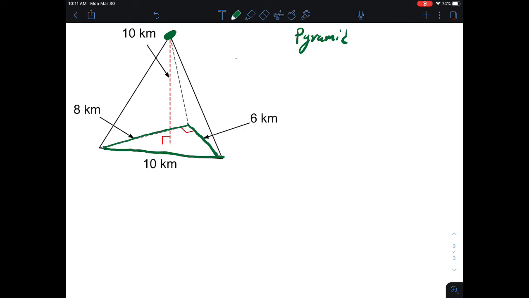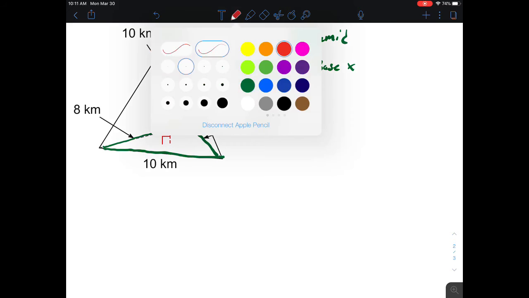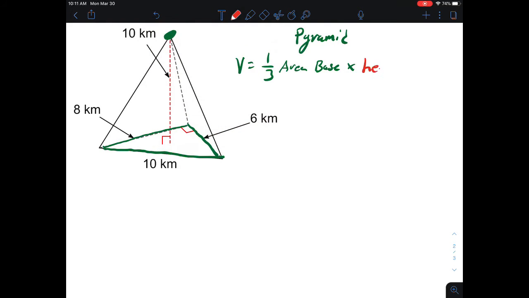Now the volume of a pyramid is 1/3 times the area of the base times the height. Now the height is indicated as the distance from whatever side we identify as the base, perpendicular up to the point where all the sides converge. So my height, I do know, is 10.